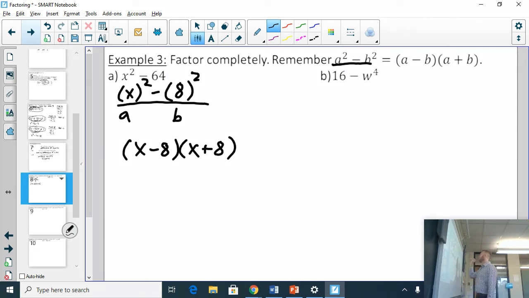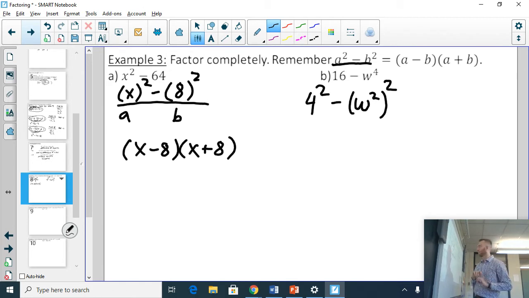We have 16 minus w to the fourth, and that is a difference of squares, right? We know 16 is 4 squared. But w to the fourth, how do we deal with that? Well, w to the fourth is actually w squared, squared.